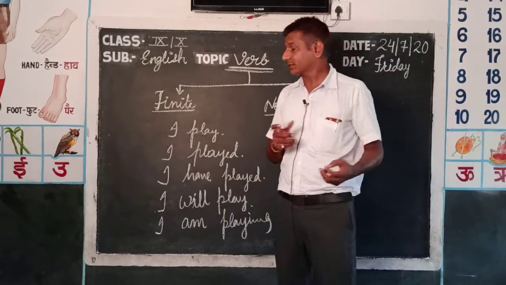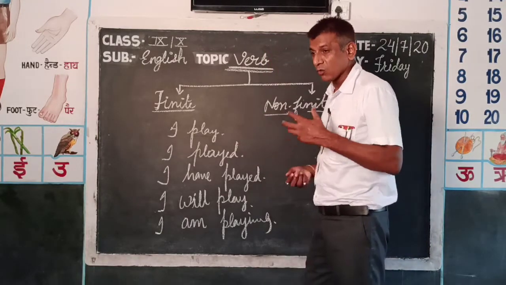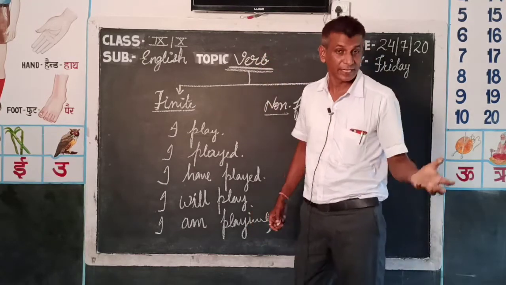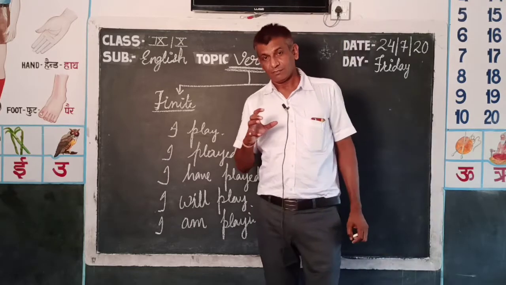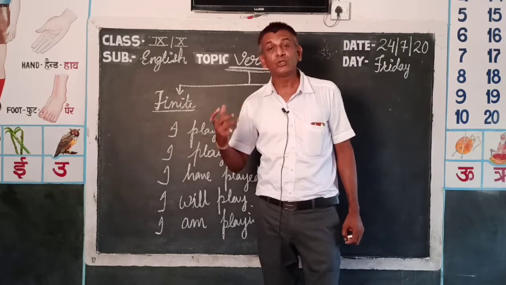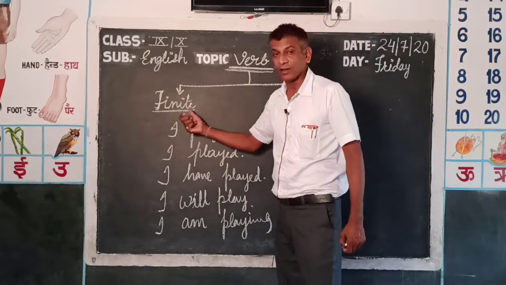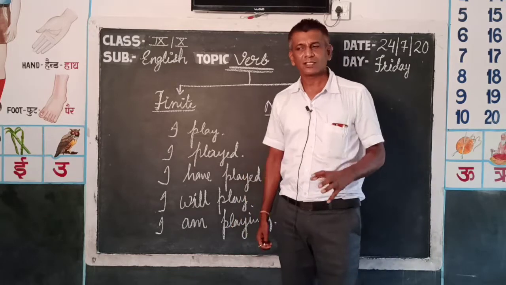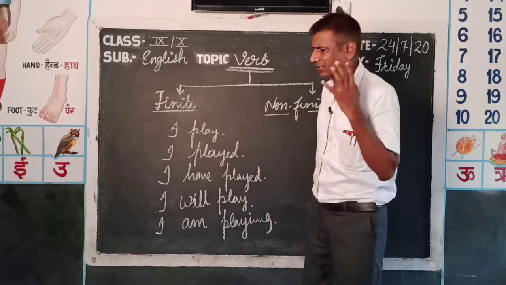So students, in a sentence, how do we identify the finite verb and the non-finite verb? Very easy. The verb which is used with the subject is called the finite verb, whether it is present form, past form, infinitive form or whatsoever.